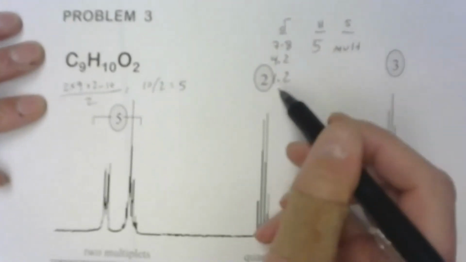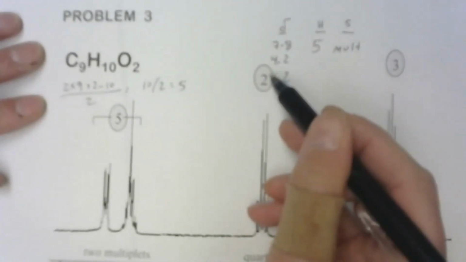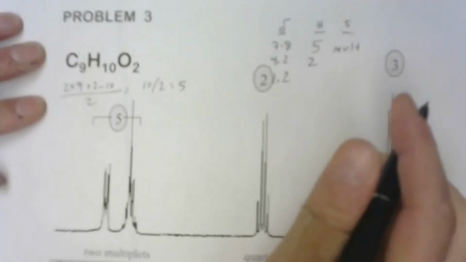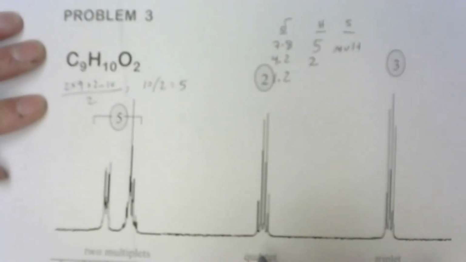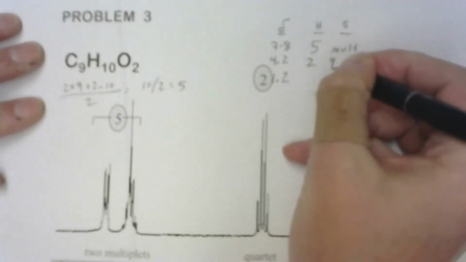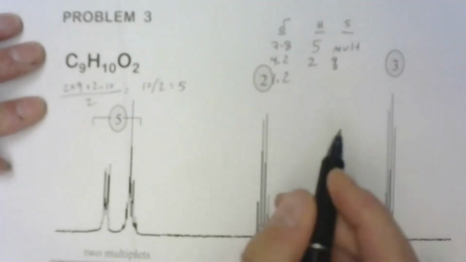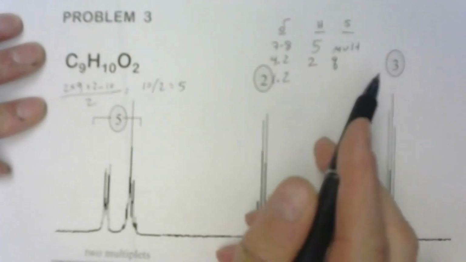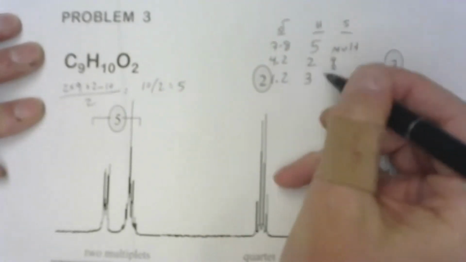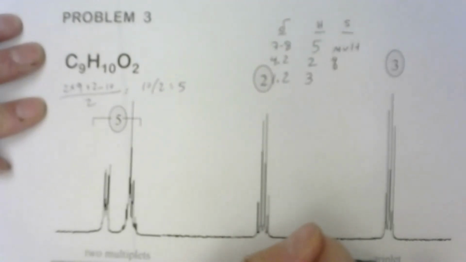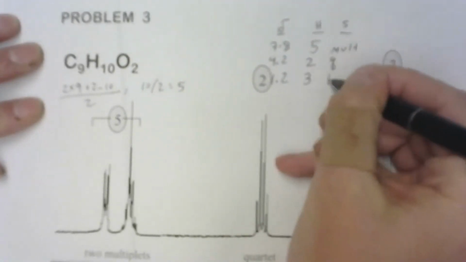The number of H's for 4.2 is 2 protons. And the splitting of it is a quartet, right? And we say Q. And then 1.2, the number of protons is 3, and the splitting is a triplet, or T.